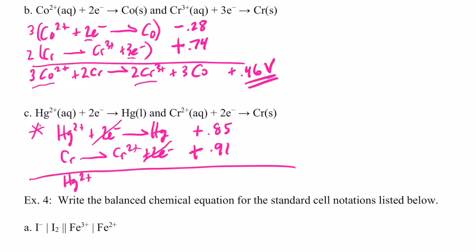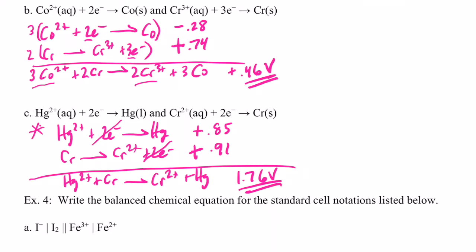So we have Hg2 plus and chromium metal becoming chromium 2 plus and Hg, and both the atoms and the charge balance. So we can add those potentials together. 0.85 plus 0.91, both of those are positive, and I get a 1.76 volt battery this time.